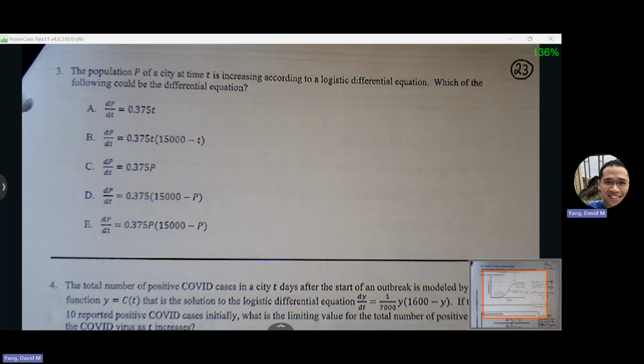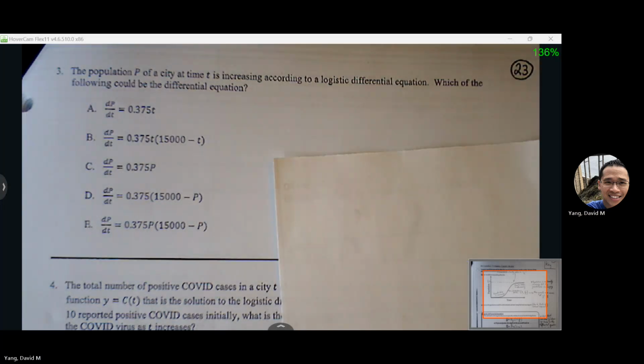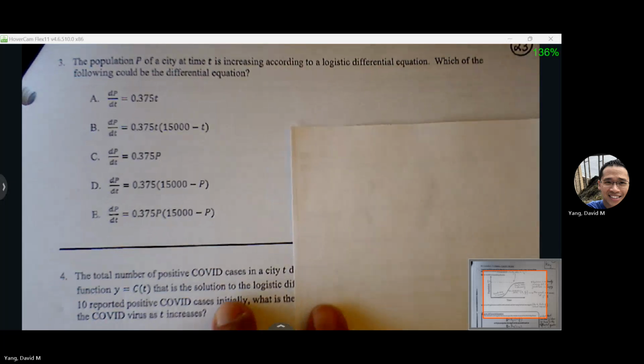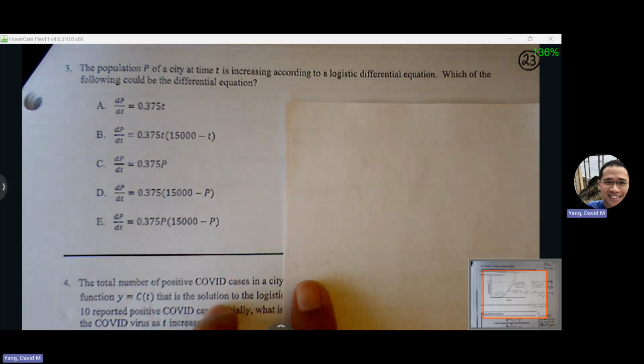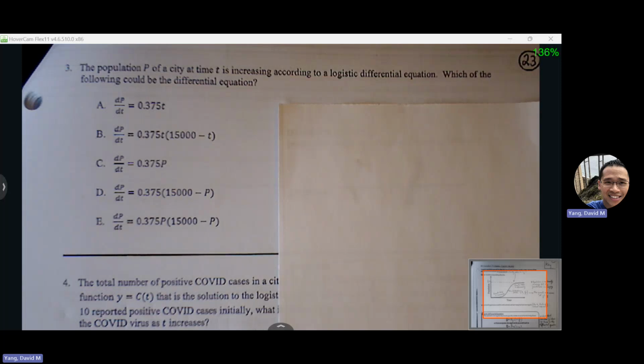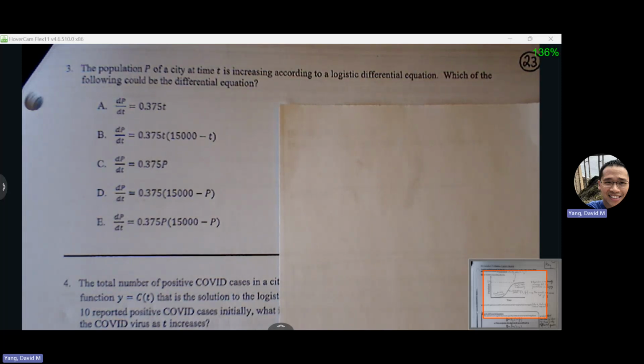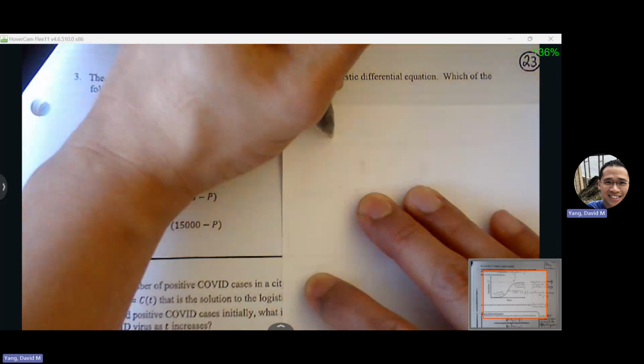Take a look at number 3. The population P of a city at time t is increasing according to a logistic differential equation. Which of the following could be the differential equation? So we're trying to find one that matches one of the forms that we see.